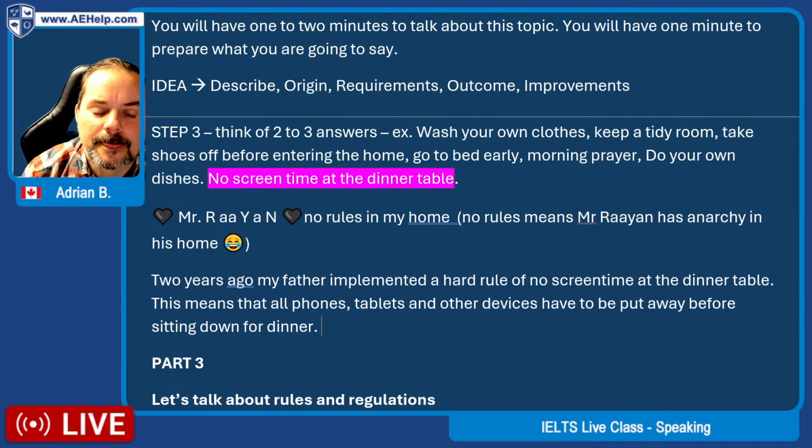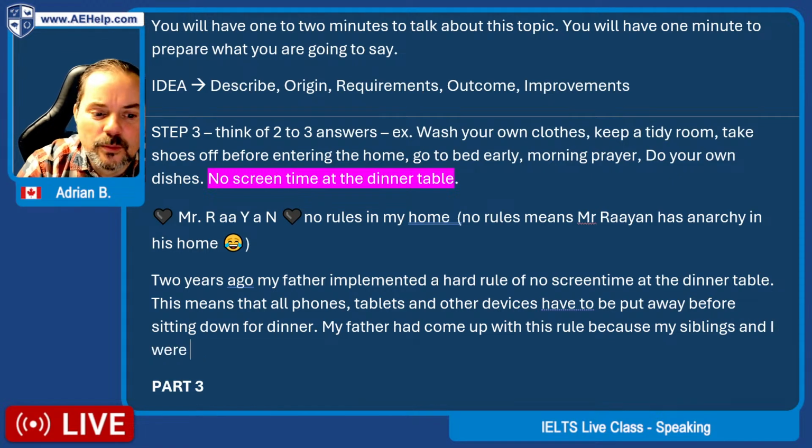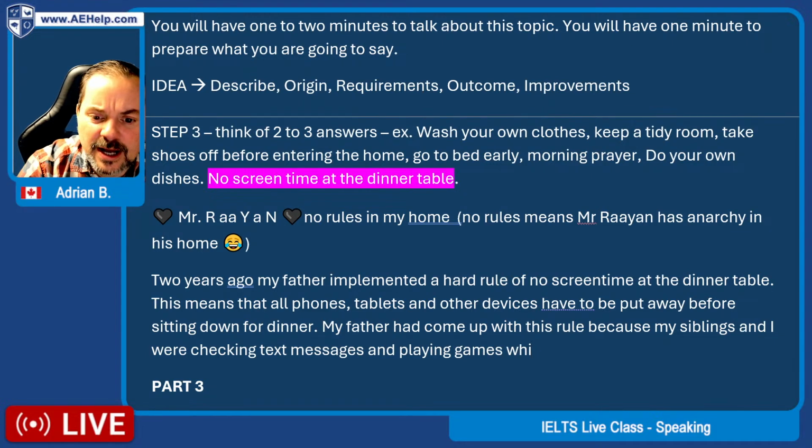My father had come up with this rule because my siblings and I were checking text messages and playing games while eating.